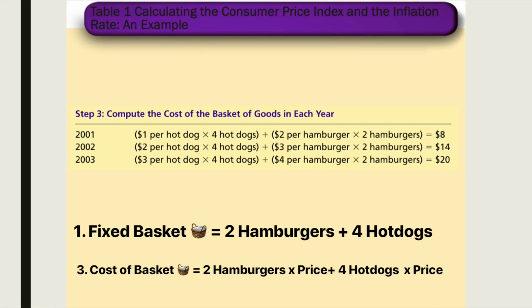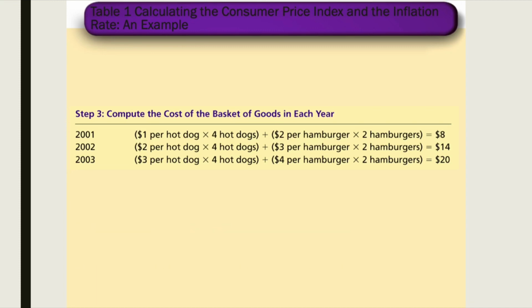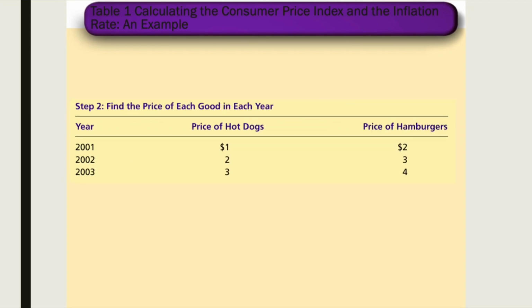So, till this point, this is what we've done. We've come up with a typical set of items that a typical consumer uses, and we've called it a basket, and we've fixed the basket. And this basket contained 4 hot dogs and 2 hamburgers. The second step was finding the prices of these hot dogs and hamburgers over time, and using a survey, the prices of the hot dogs and hamburgers were calculated.